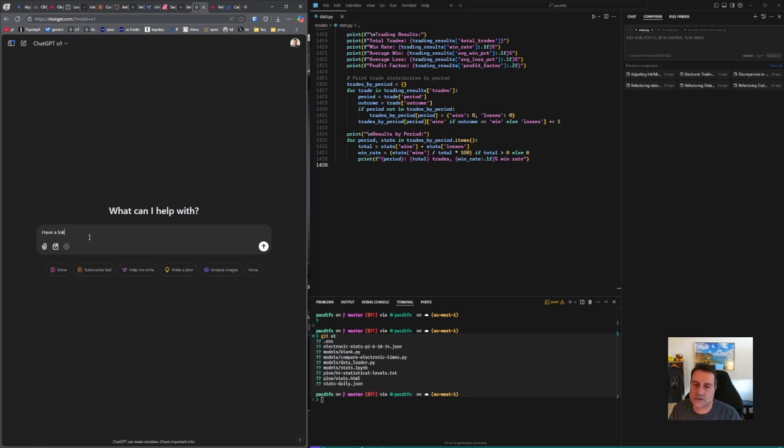Have a look at this source code. Right, that comes later. It didn't copy it. Very nice. I'll move it here. Have a look at this source code.